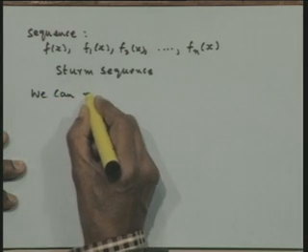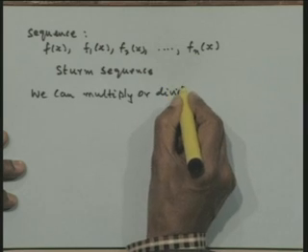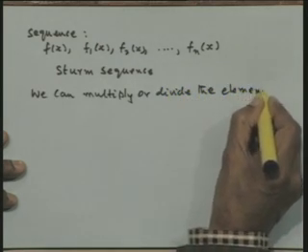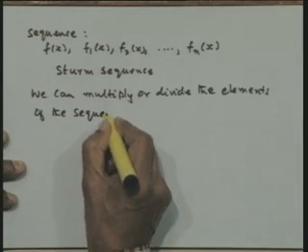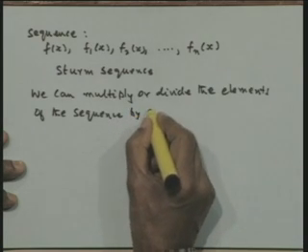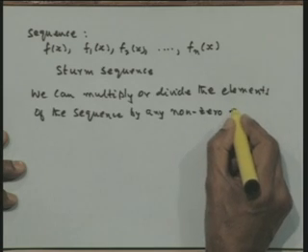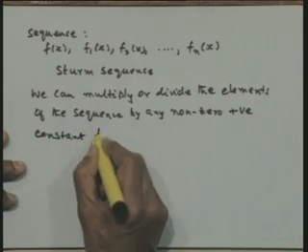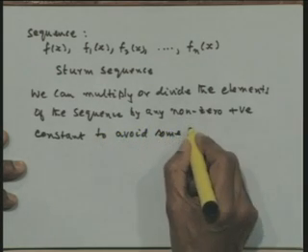So, we can multiply or divide the elements of the sequence by any non-zero positive constant to avoid some rational coefficients.